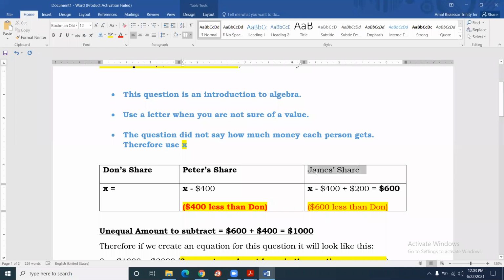James. I do not know how much James is. So I put an X. But when I find out Don, I know that James is 600 less, so I need to subtract 600, right? I'm going to pause here to make sure you understand my table clearly.